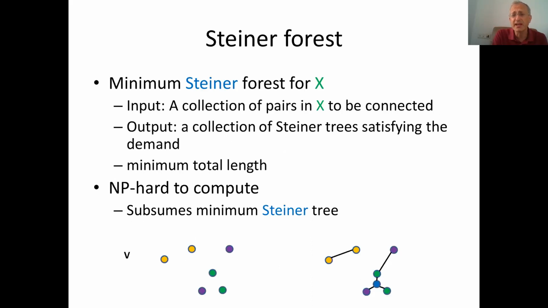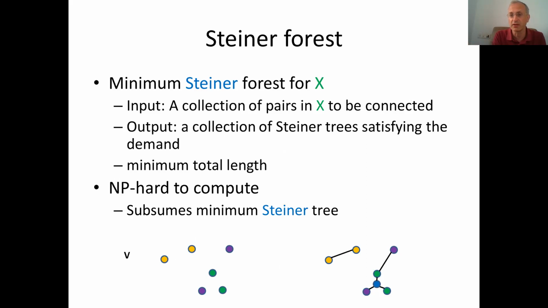Now we're interested in the Steiner forest problem. For a minimum Steiner forest, the input is a collection of pairs in the terminal set X to be connected. For example, in the picture at the bottom, we have two green points, two purple points, and two orange points. Each pair of the same color needs to be connected, and you could also have more points of the same color by just linking up pairs.